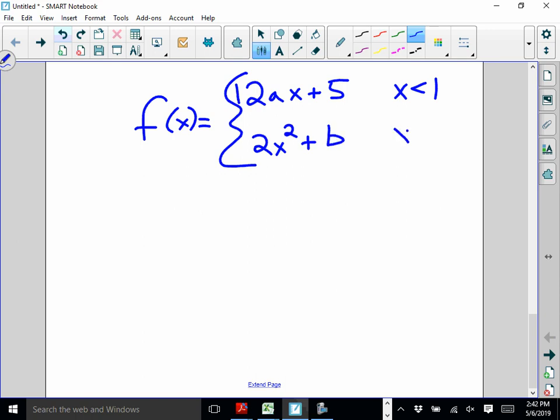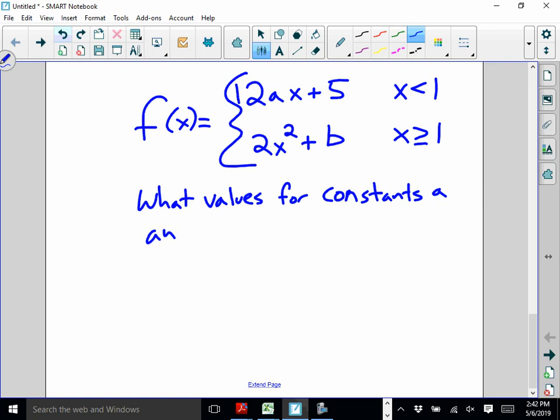What values of A and B, for constants A and B, make f differentiable? We saw one like this today in class, but they just wanted to say what value makes the thing continuous.